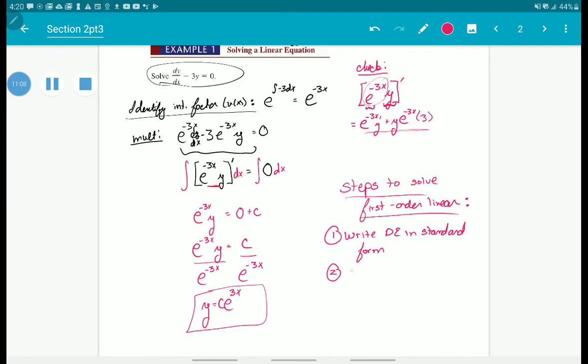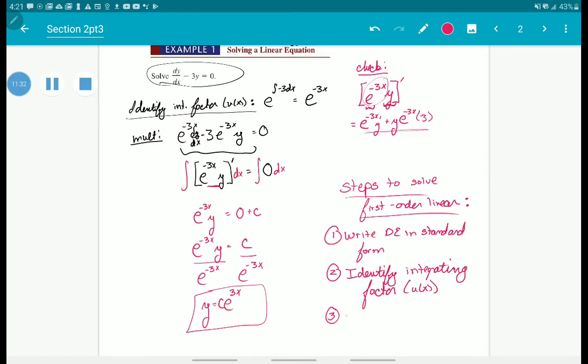Then you want to identify your integrating factor, and that's what we called u of x.